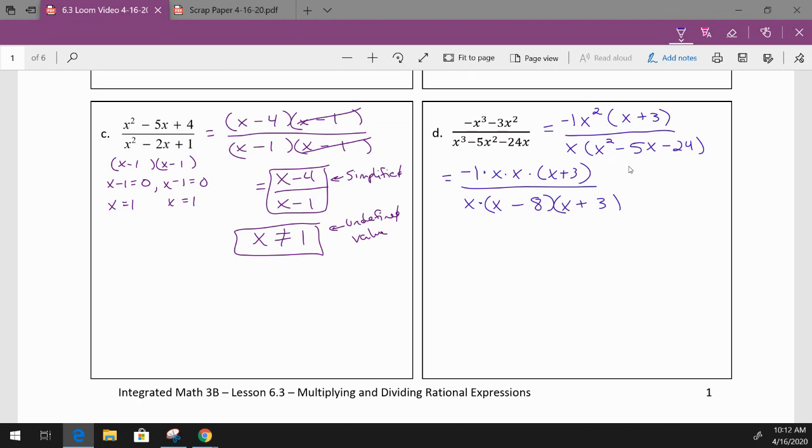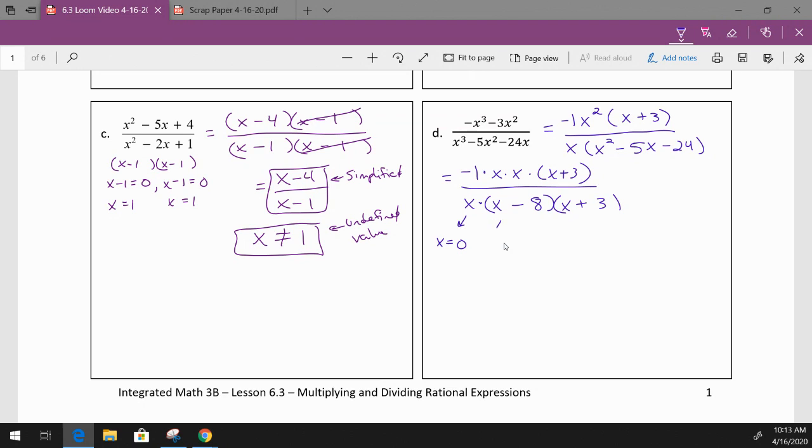So that does work. Now that we've got everything factored, before we reduce, let's state our undefined values. So we have three factors in the denominator here. Just like when we were solving polynomials, once you factored it, you would state your solutions and say, oh, x equals 0 is one of my solutions.